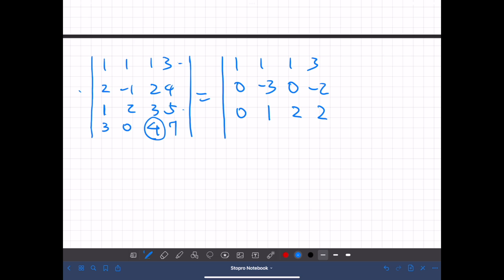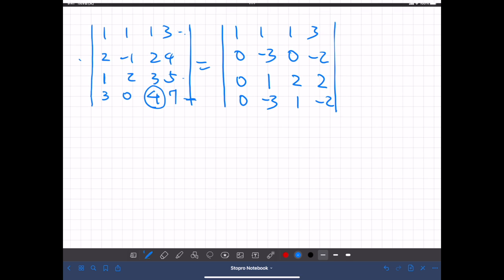And subtract 3 times the first row from the fourth row, we get 0, negative 3, and now we have 4 minus 3, that's 1. And 7 minus 3 times 3 is negative 2. Okay, now we expand this matrix based on the first column.